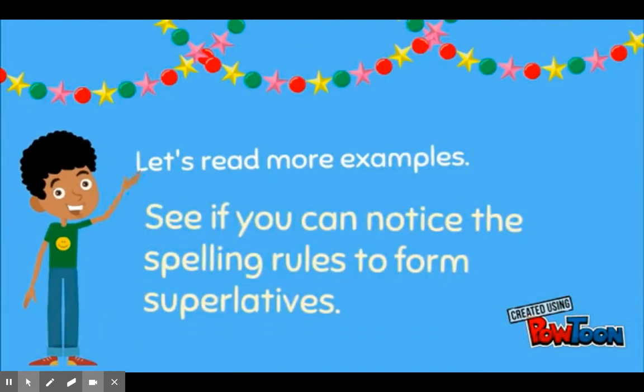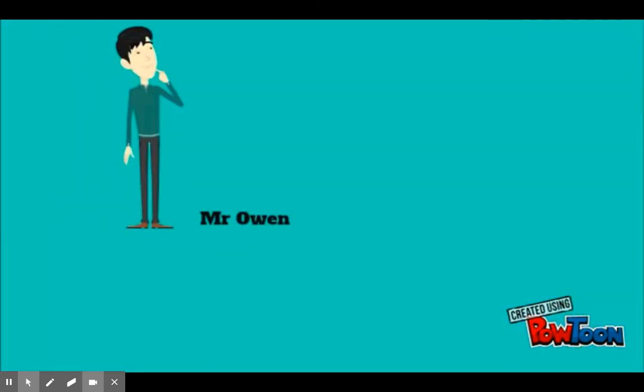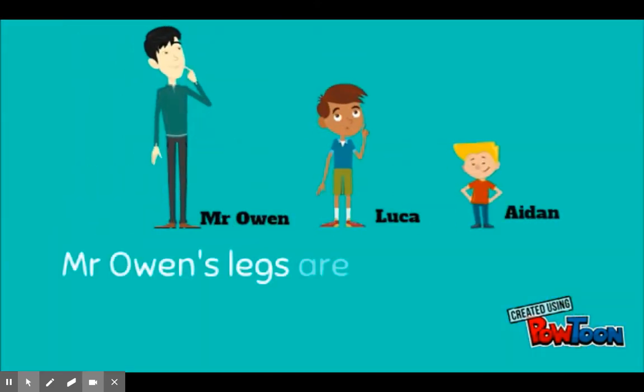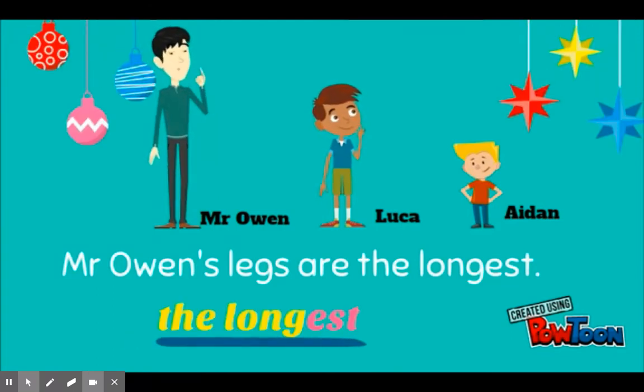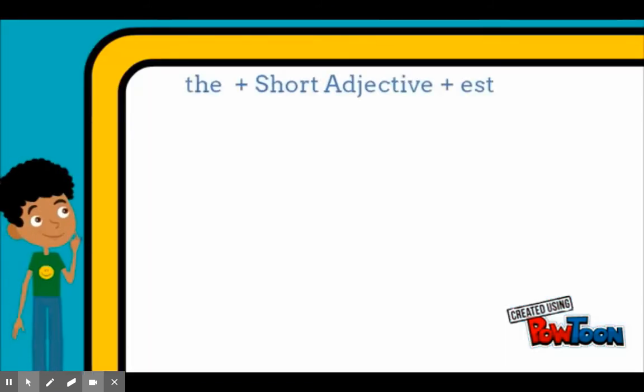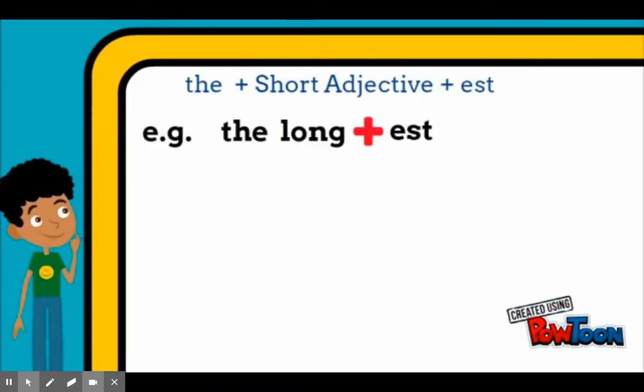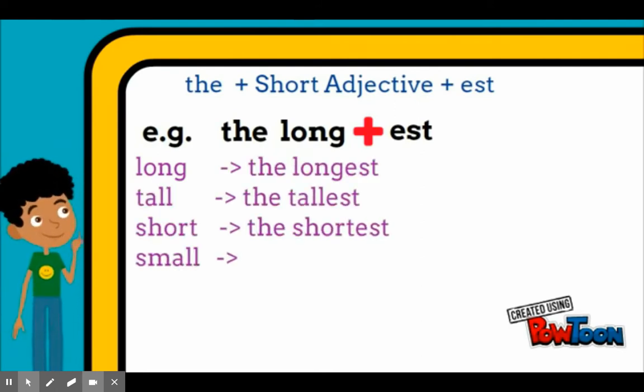See if you can notice the spelling rules to form superlatives. Mr. Owen, Luca, and Aiden. Mr. Owen's legs are the longest. The longest. The rule is to say the, long, and add est for a short adjective.